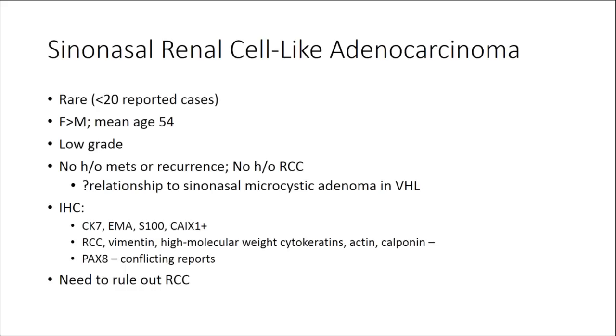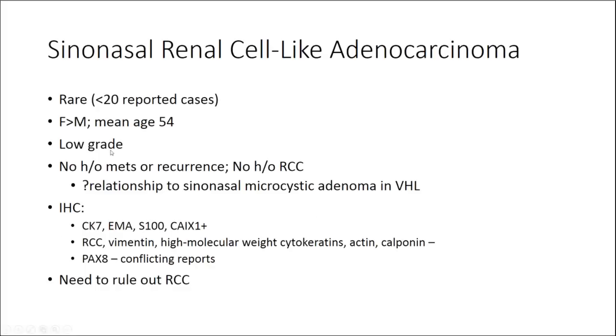So I think you have to exclude a metastatic renal cell, but there is this category of lesions, which is now still classified under adenocarcinoma in the WHO. Very rare, less than 20 cases reported in the literature. Mean age 54, again, more commonly seen in women, very low grade, no history, when you're looking at these lesions, of renal cell carcinoma, no history of other types of malignancies that can have a clear cell phenotype.